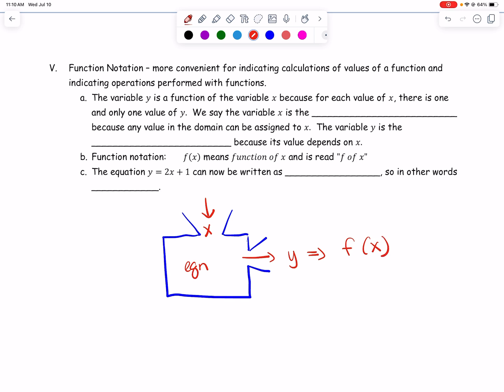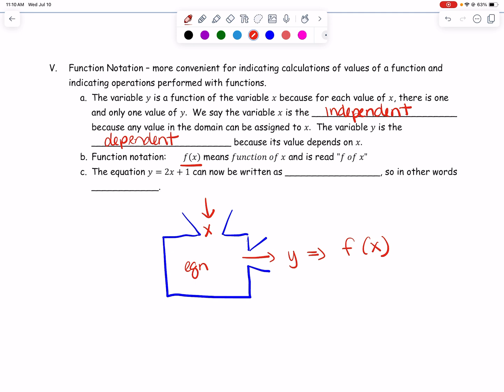So we say that the variable x is the independent variable, okay? Because any value can be assigned to it. It stands alone. But once you choose your x value, the y value is going to be dependent on whatever the x is, okay? So our function notation looks like this, f of x, and that's how we read it, okay?